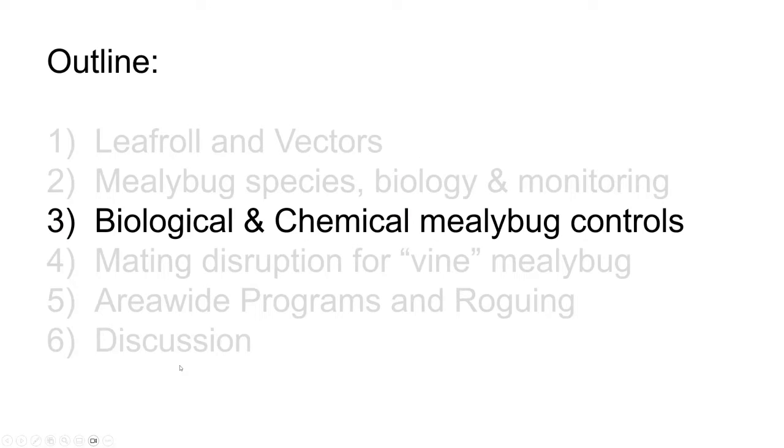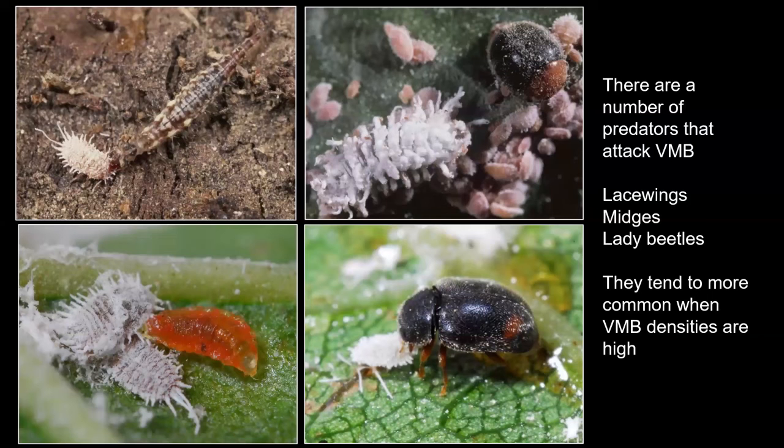So now we're going to move into controls, which is effective for everybody. I am not going to spend a great deal of time on biocontrols. We've got our predators, green lacewings, mealybug destroyer, cecidomyid midge. This is one of our native mealybugs, native beetles.